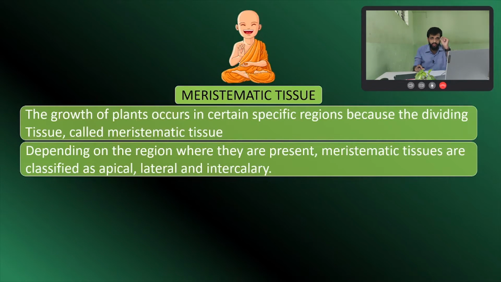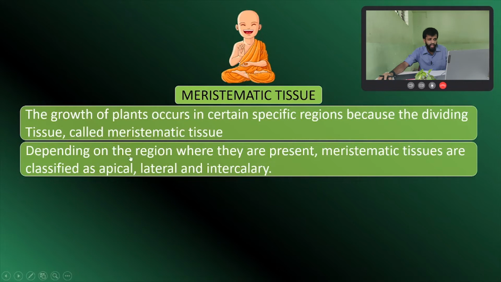It grows in specific regions. Maybe the tip of the plant is growing, and it's not like the leaf entirely will go in one direction. So there are specific regions where the plant grows. That's the reason we call this meristematic tissue a dividing tissue.